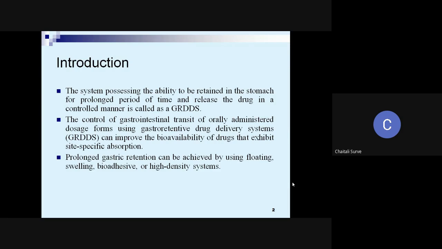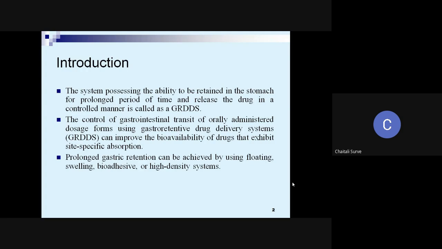They have made formulations which are bigger than the diameter of this narrow region. Because the diameter is bigger, it takes time for that dosage form to pass from the stomach into the intestinal region, and in this entire process your formulation is retained in the specific region. So this is another approach by which you can make a GRDDS tablet or dosage form.